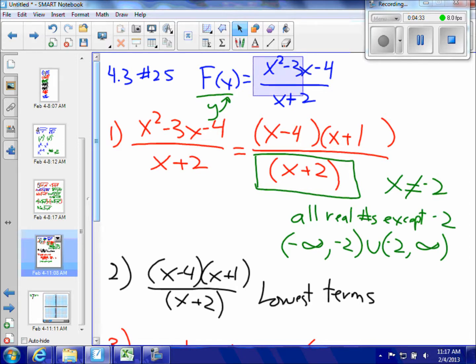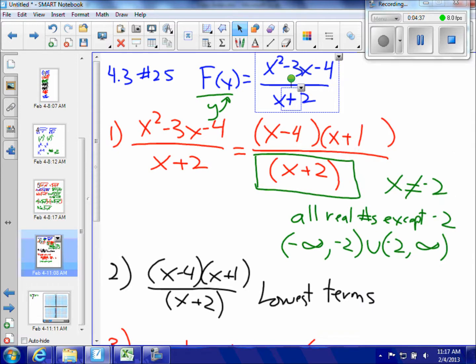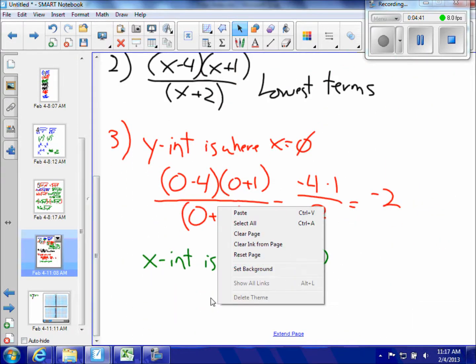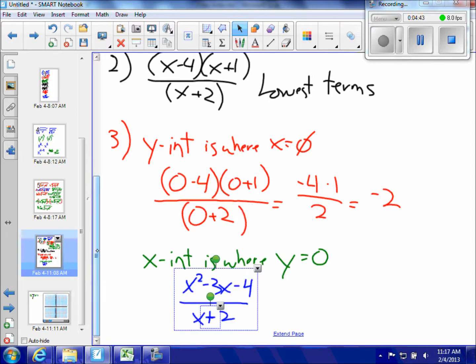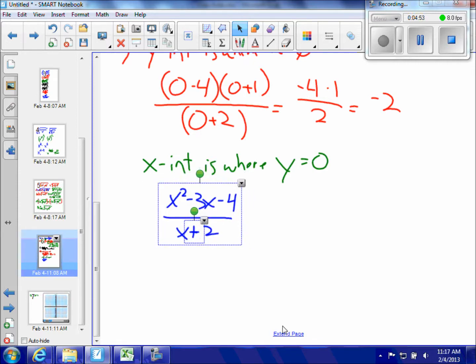Let's see if I can do this fancy here. I'm going to copy, come down here, and paste, and there it is. There's my original function. Let me move it down just a tiny bit, and I'm going to set that equal to 0.